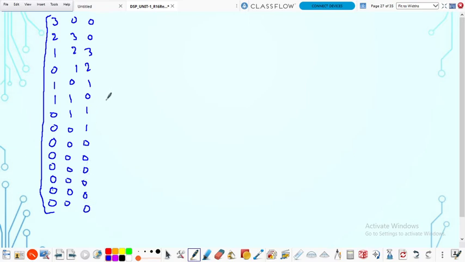And again rotating circularly in anti-clockwise direction we get 0, 0, 0, 3, 2, 1, 0, 1, 1, 0, 0, 0, 0. And again rotating we get 0, 0, 0, 0, 3, 2, 1, 0, 1, 1, 0, 0, 0, 0.